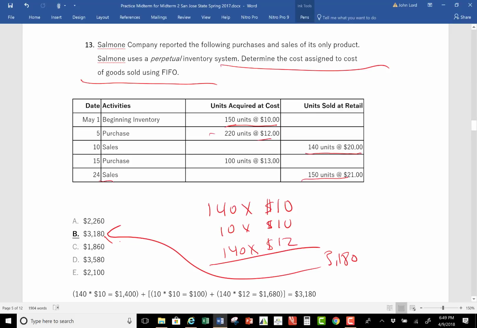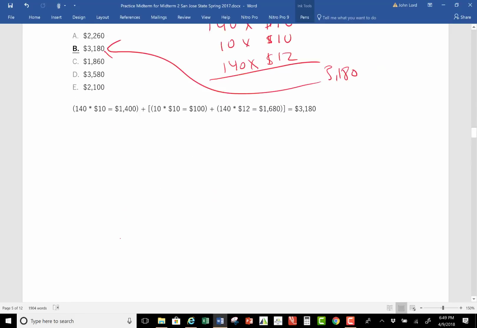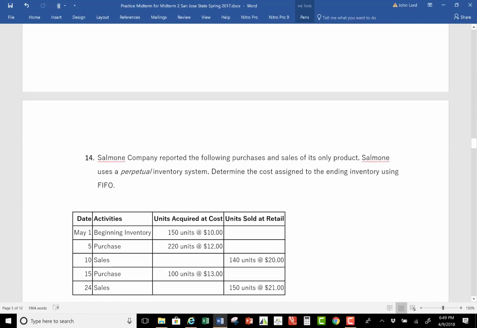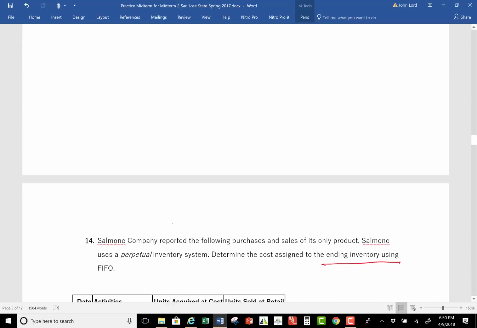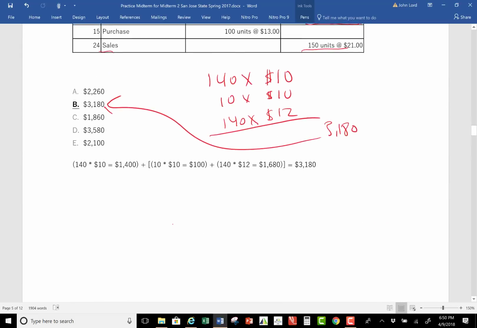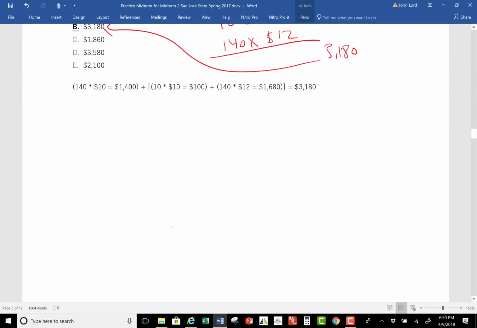Okay, good. Now this next one says same facts, but now we want to know the ending inventory. Now we know we got rid of these in that last problem. Same facts, but we know we got rid of these, right? And then we sold 80 of these 220s? Oh, sorry. 140 of those.